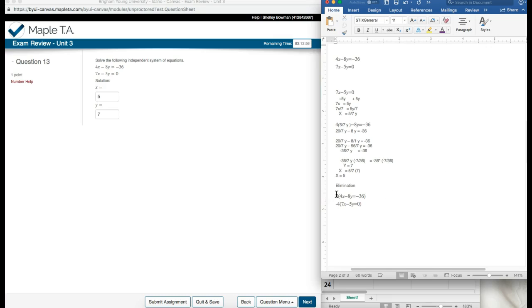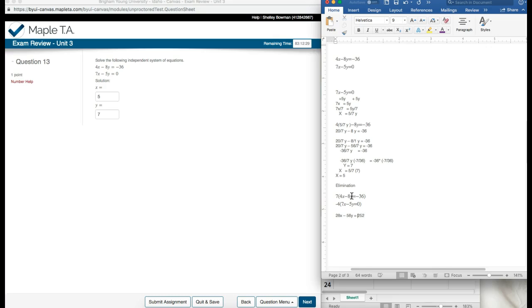Okay, so then I multiply it into every single term here, and I end up with a positive 28x, and then multiplying that 7 over into the 8, I get negative or minus 56y equals, and I don't have 7 and 36 memorized, so 36 times 7 on my calculator gives me 252, and that was negative.